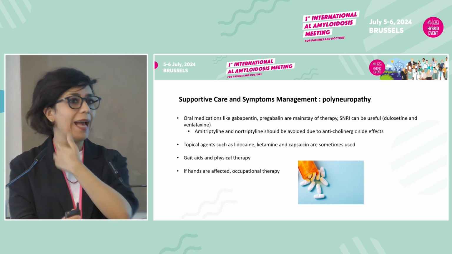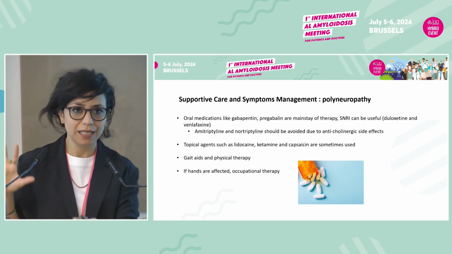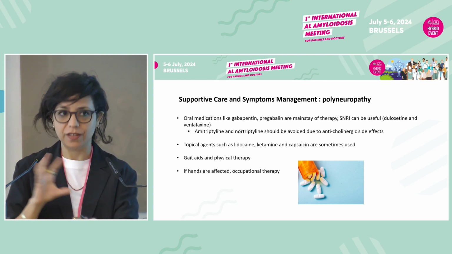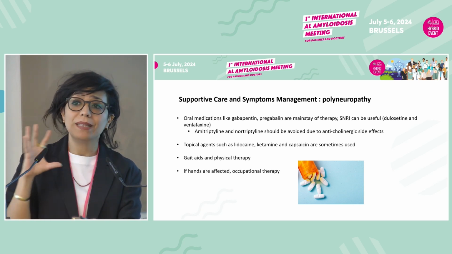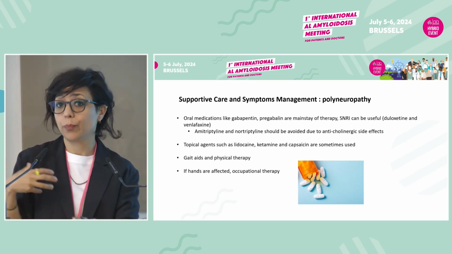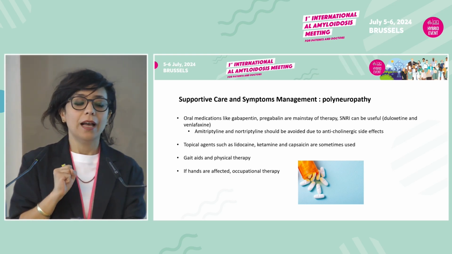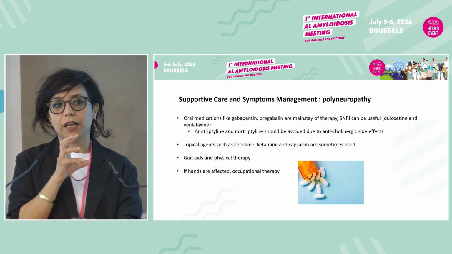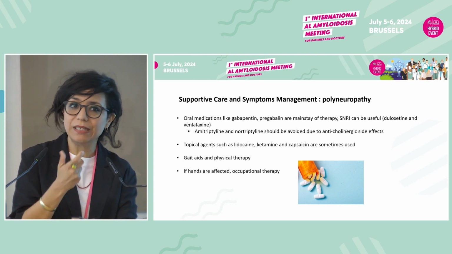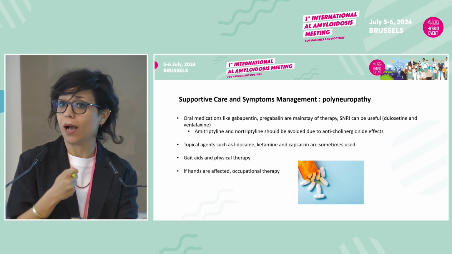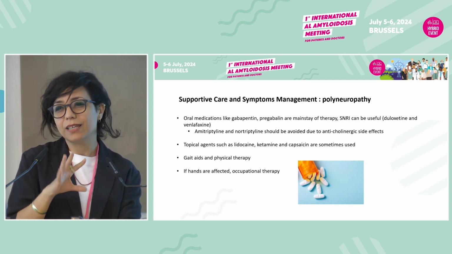We do not have guidelines specifically for AL polyneuropathy, because the recommendations are issued from other polyneuropathies, especially diabetes. The etiology of the polyneuropathy does not change the effectiveness of the drug, okay? But the collateral effects can be a little bit different.